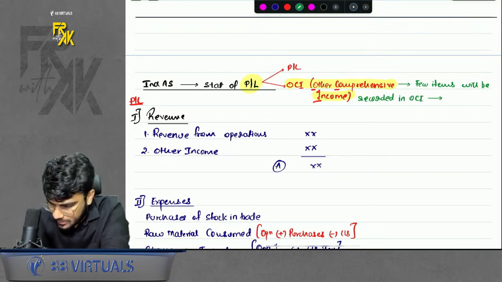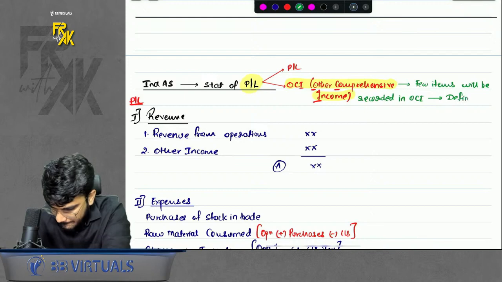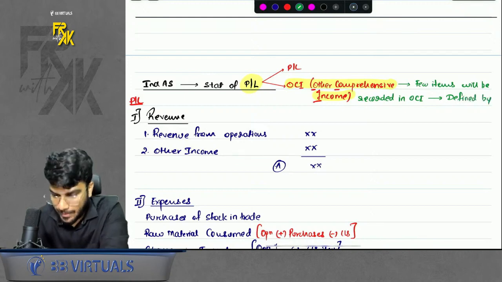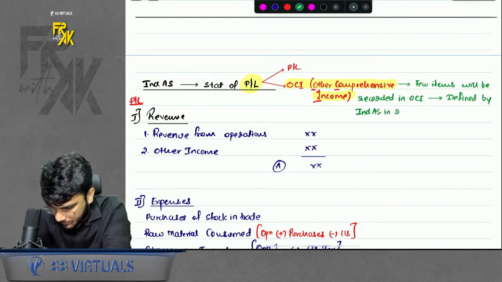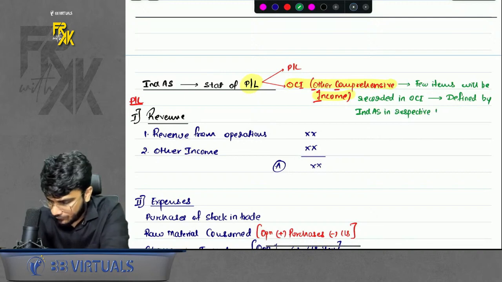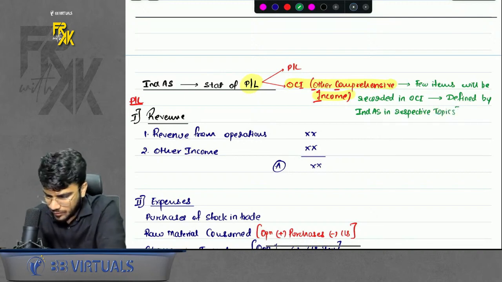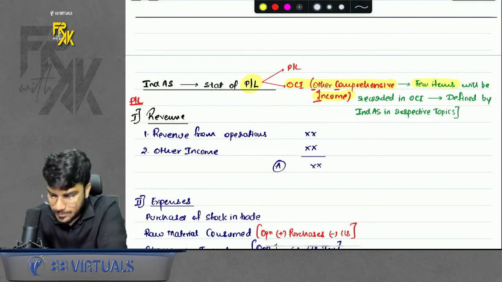Which are those few items? These will be defined by IND AS in respective topics. When we study the respective topics, we will come to know which all items will come in OCI.